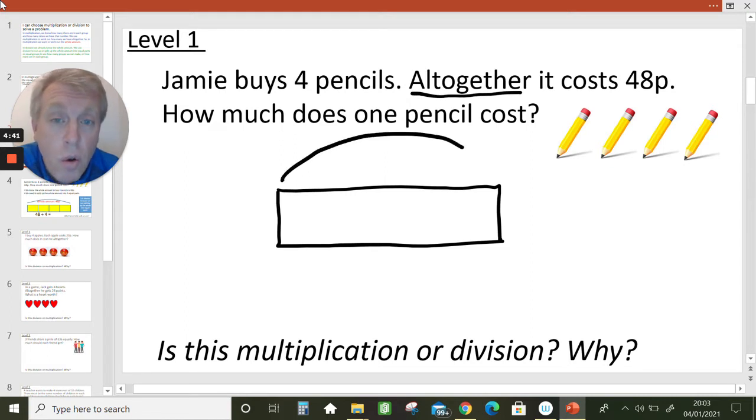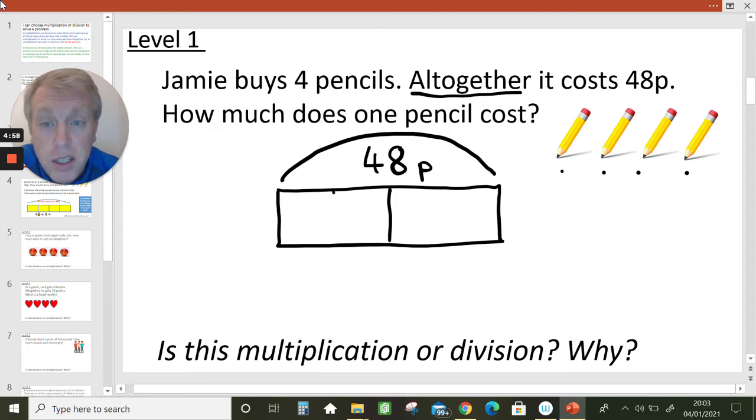So the whole amount that he spends is 48 pence. And actually, that 48 pence is to buy 1, 2, 3, 4 pencils. So I've got to split my 48 into 4 parts. Why? Well, because there's 4 pencils, and each of the pencils costs the same amount.